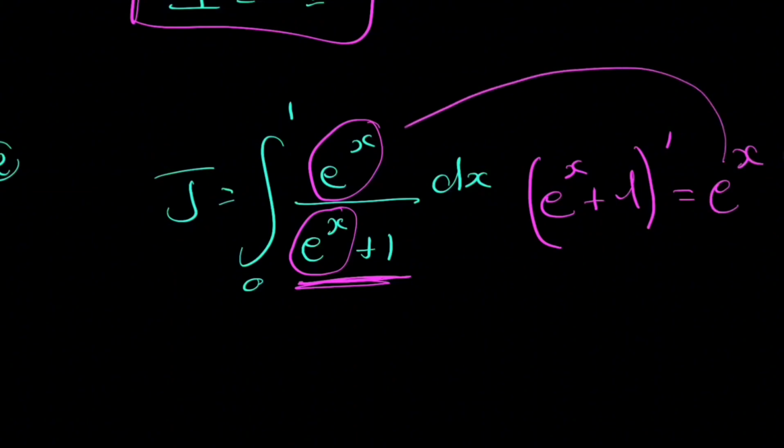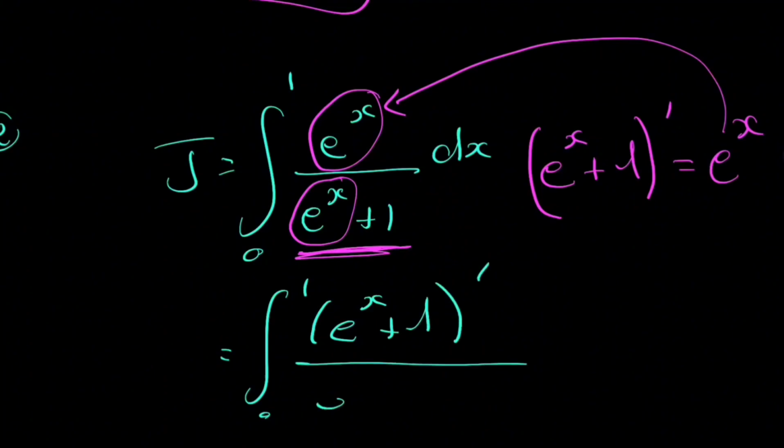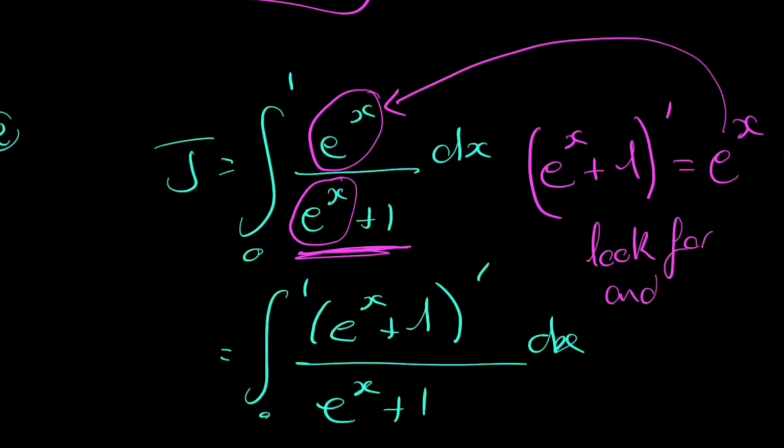So we've got the integral from 0 to 1 of exponential of x plus 1 prime over exponential of x plus 1 dx. That's something you should look for. Look for this kind of stuff and detect it, because you will practice.